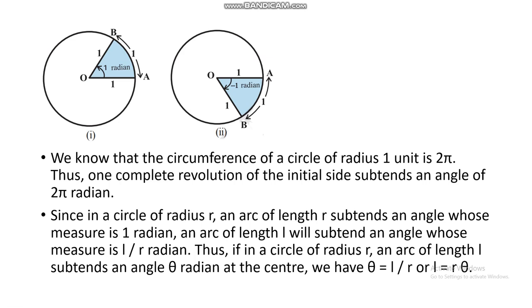L is the arc length and R is the radius. So if a circle of radius R has an arc of length L subtending an angle theta radians at the center, then theta equals L by R. Suppose this angle is theta, and this arc A to B is L, and the radius is R, then we can write theta equals L by R. So this is a positive angle, and figure 2 shows the negative angle.